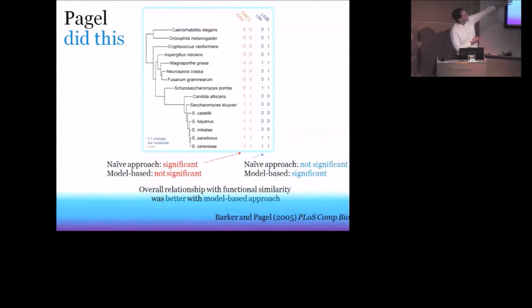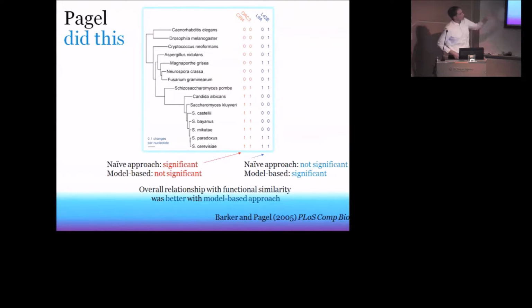So they said, okay, in the first example, the naive approach said, oh, these are very similar, right? And if you look at it, well, yes, they are very similar, but you can explain this with a single event, right? And so the model-based approach, the Pagel model, this likelihood ratio, said, I'm not so impressed, right?